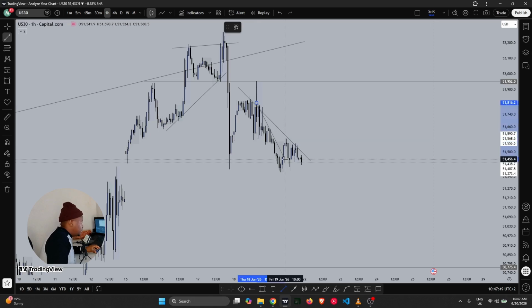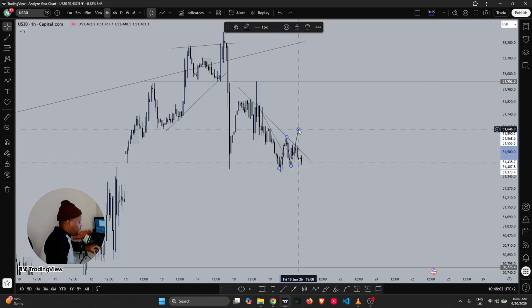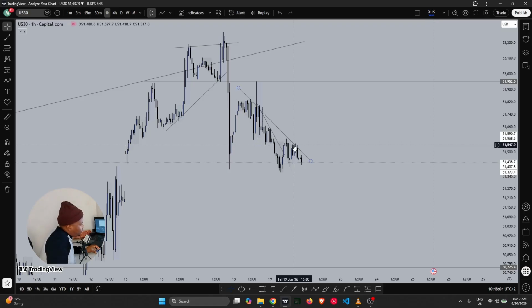Let's see what the 1 hour is telling us. Okay, the 1 hour, we had this trend line which was broken to the upside. The market came down, possible move to the upside, but this is the zone that's keeping the market from going to the upside.